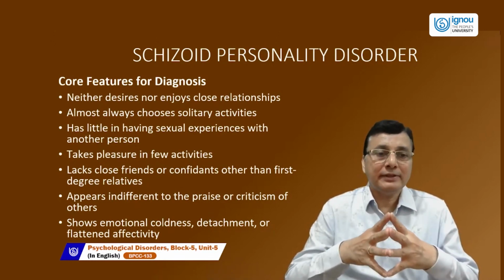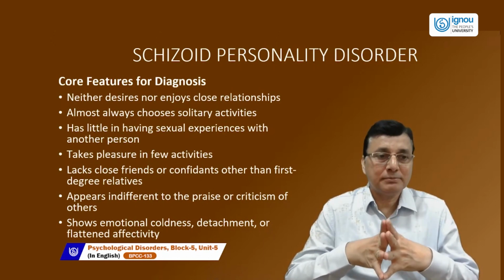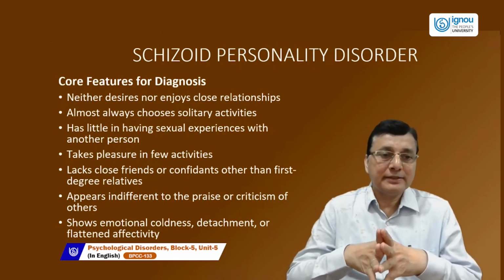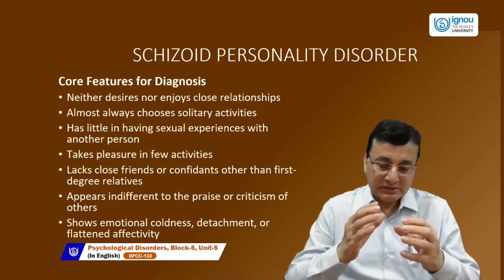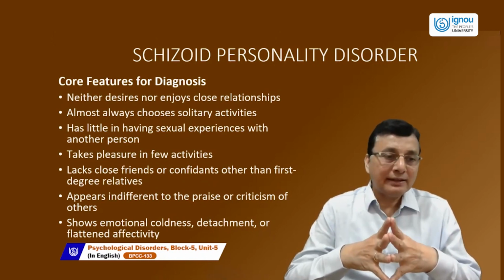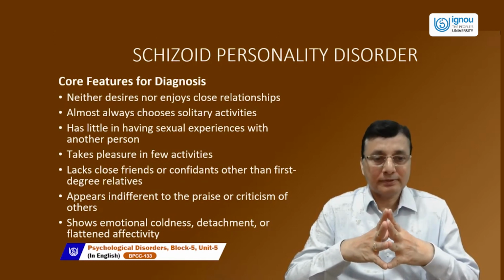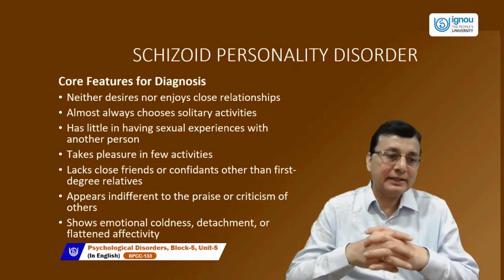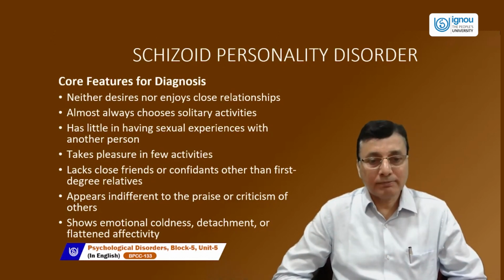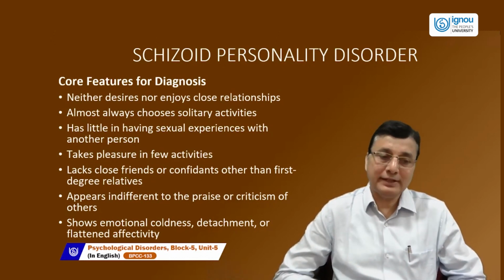Has little interest in having sexual experiences with another person, and takes pleasure in few activities only. That also with lots of restrictions, and lacks close friends or confidants other than first degree relatives, appears indifferent to the praise or criticism of others.